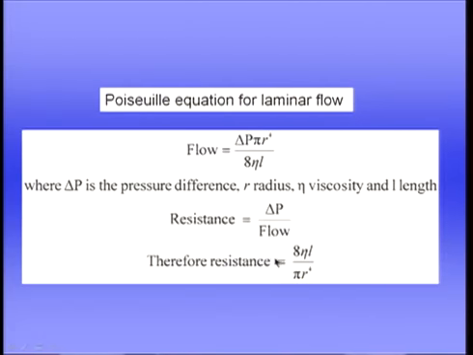Now that's interesting. It's not surprising that the resistance is proportional to the viscosity. The higher the viscosity, the greater the resistance to flow. It's not surprising that it's proportional to the length of the tube. The longer the tube, the higher the resistance. What is remarkable is that the resistance is inversely proportional to the fourth power of the radius.